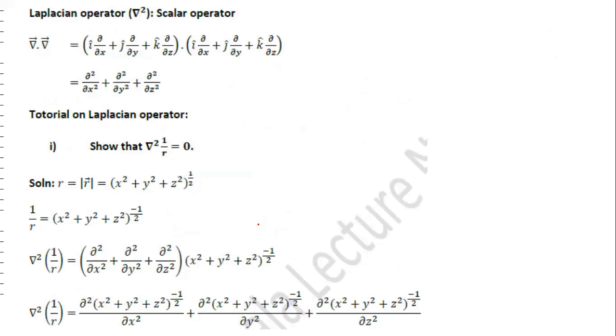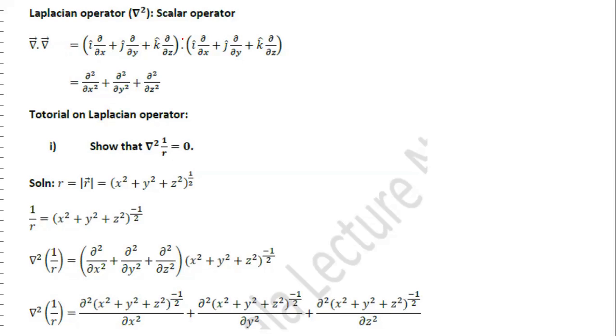Now let's see this Laplacian operator, or scalar operator. It's called the scalar operator in the sense that a single del operator is a vector operator because of this vector sign here, because the resultant of this del operator operating on a scalar quantity is a vector, right? But Laplacian is a del square operator. Del square means the dot product of the del operator with itself.